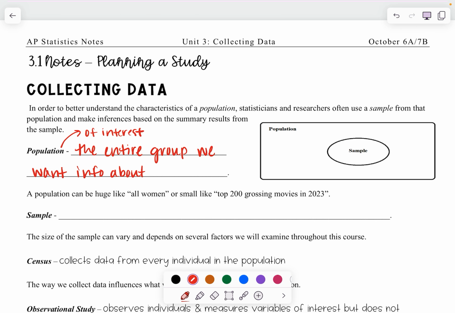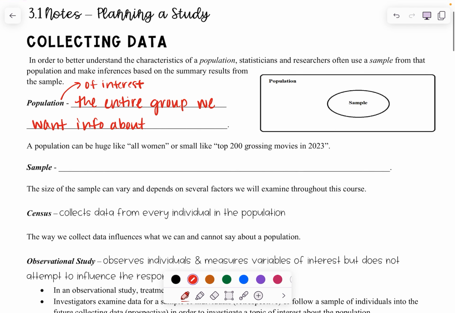If I only sample from RHS, I can only talk about RHS students. If I want to talk about Richardson ISD, I need to be sampling from all 4 high schools in order to draw conclusions about that. Now, realistically, if I go out into the world and I want to get information, in a perfect setting, we could go in and collect a census, which is data from every individual in the population.